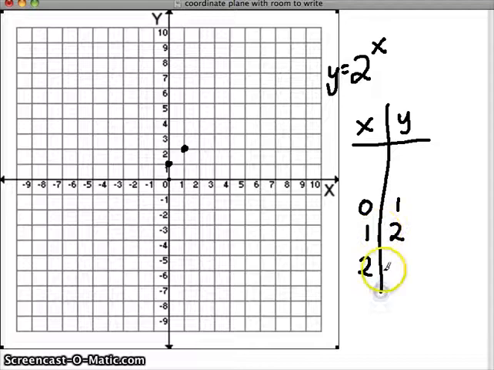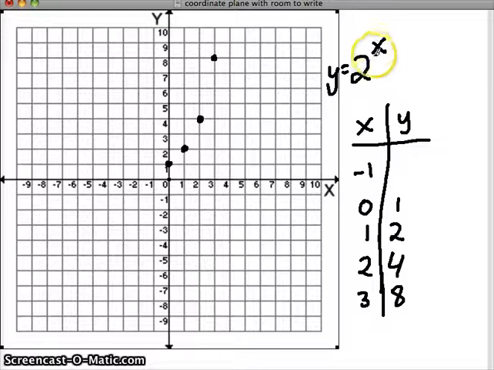Go a little farther here. If we use an exponent of 2, we get 2 squared, that's 4. So 2, 4 is another point. And let's do one more here. 2 to the third power is 8, so 3, 8 is another point on our graph. So climbing quickly, exponential growth here. Let's go one more on the other side. Let's do negative 1.